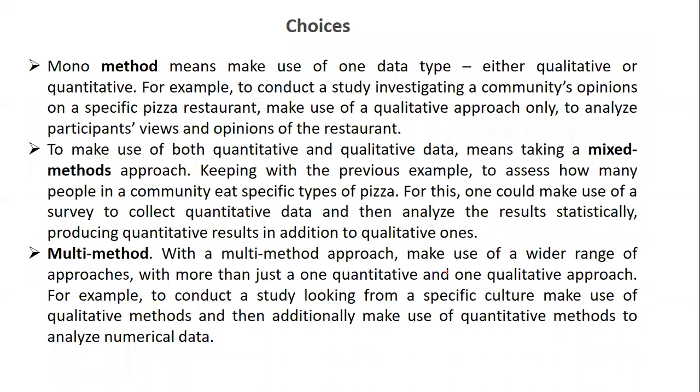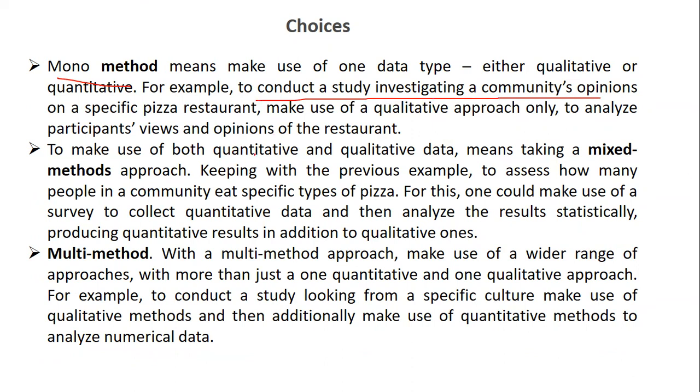Okay, so here we have choices. If you remember in the research onion, I had the mono method, mixed method, and multi method. So you should at least remember that. Mono method is one type of data, either qualitative or quantitative, used for a study, for example, a study investigating a community opinion.